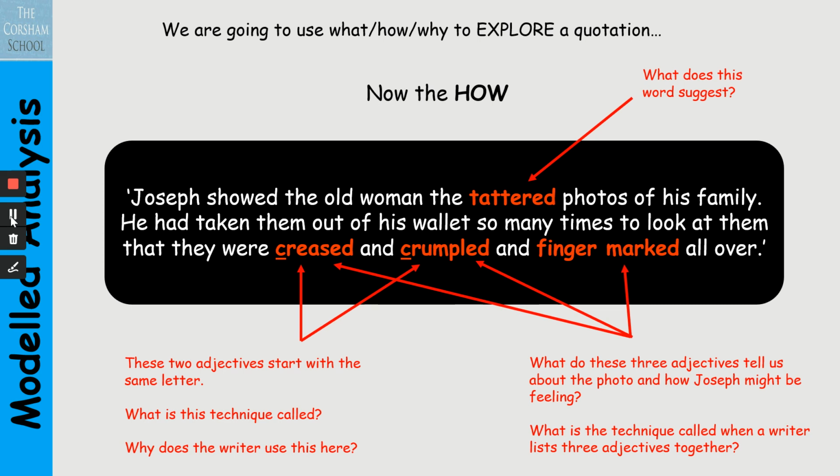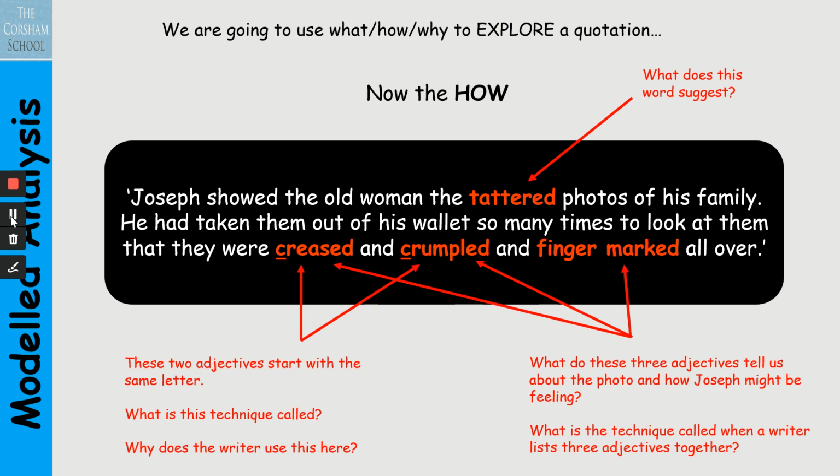Moving on from that, we've got creased, crumpled and finger marked. So we've got three adjectives about the photos. And when we have three words together, we have to think about what technique that is called. What do they tell us about that photo and how Joseph might be feeling?